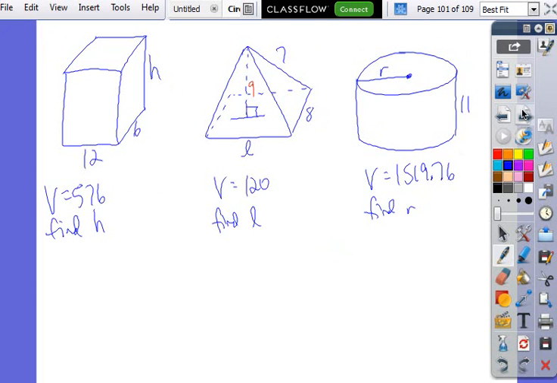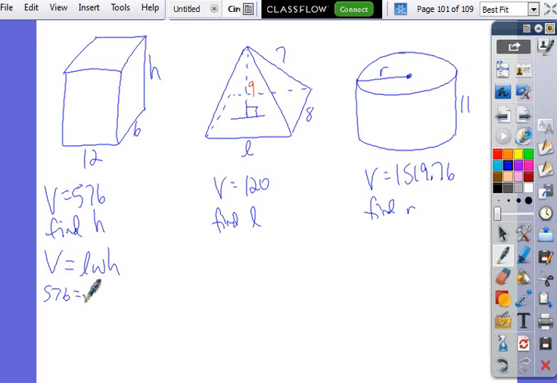If I'm looking at this first one, well, what is it? Well, rectangular prism. No, I can't say cube because they're not the same. So rectangular prism I know is length, width, and height. Well, it's telling me what V is. So I'm going to replace the V with the 576. Well, I know the length and width come from the bottom, right?